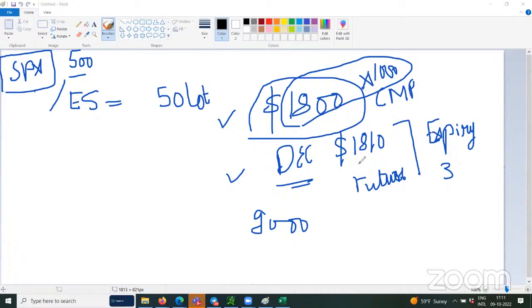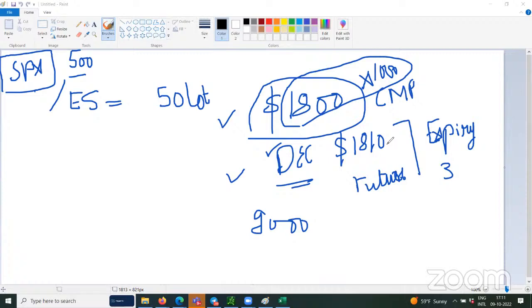Now, when they expire, the price of the current underlying instrument, which is gold, and the price of the future become the same. Now, it has a premium because it is available cheap. Second thing, you are paying less money to hold a reasonable amount of gold. And on expiry, you can take a delivery.